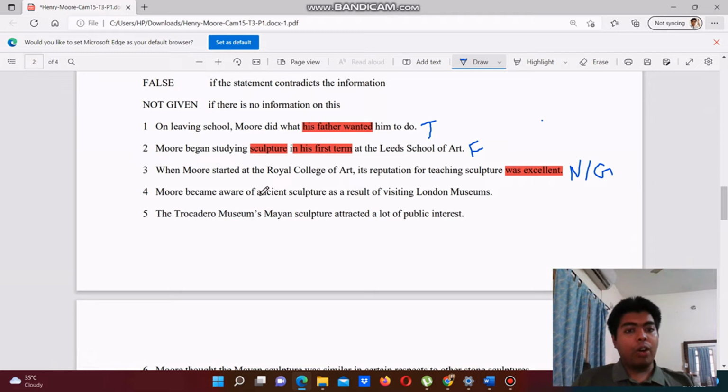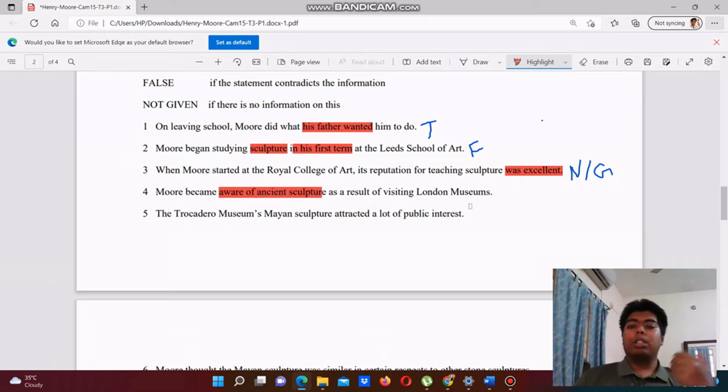Moore became aware of ancient sculpture as a result of visiting London museums. So here they are saying that Moore became aware of ancient sculpture after visiting the London museums. It's very simple. If Moore gained some knowledge, or he felt fascinated after visiting the London museums about ancient sculpture, then it will be true.